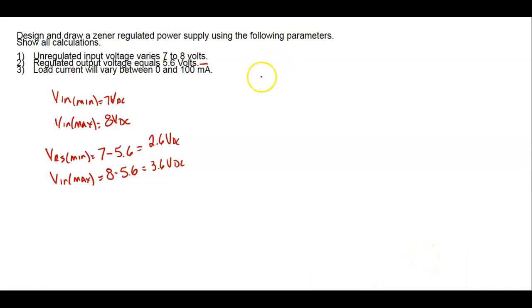So draw my circuit. Now this is a positive supply, so the Zener cathode goes toward the positive. And my load will be out here. Over on this end, we're going from 2.6 volts up to 3.6 volts.